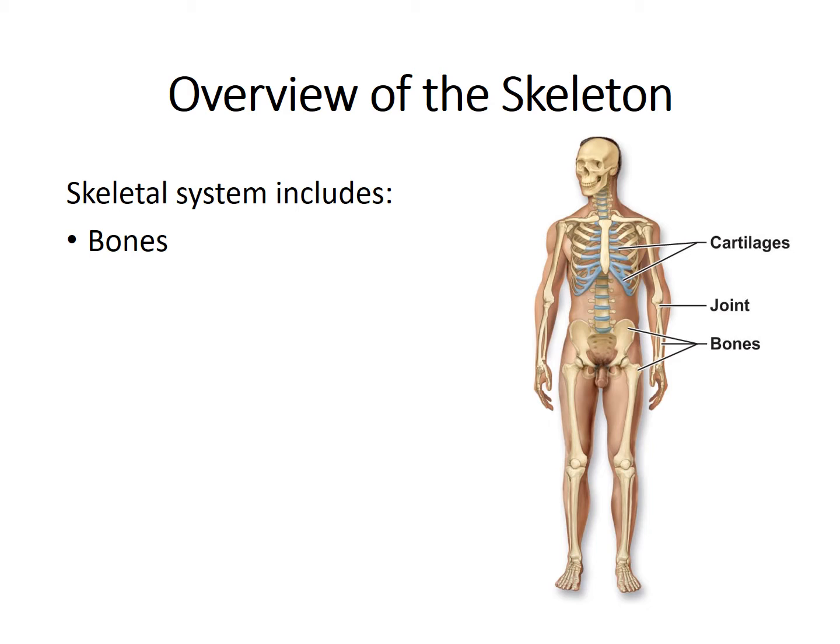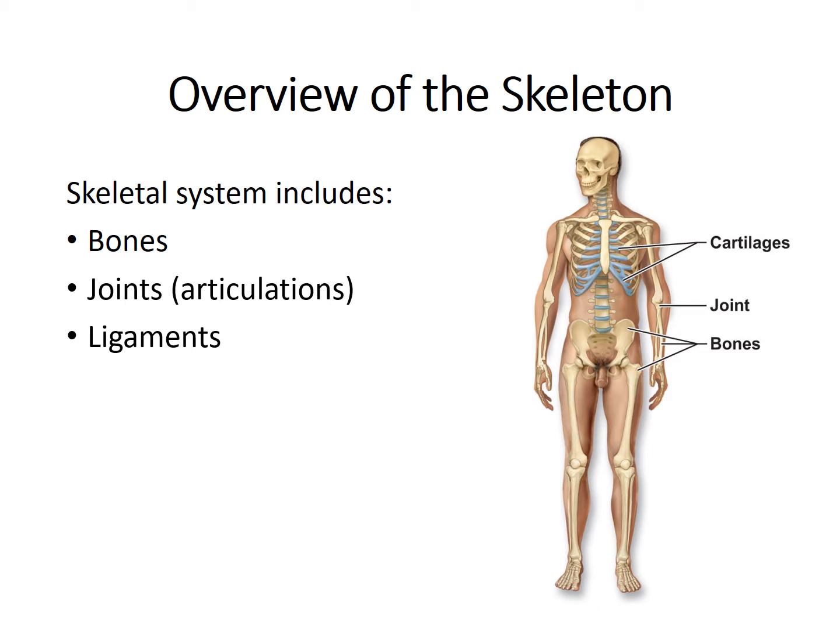So we've been learning the different components of the skeleton, and just as a review, the skeletal system includes bones, joints, and articulation. That's where bones come together to allow movement and also to hold the skeleton together.